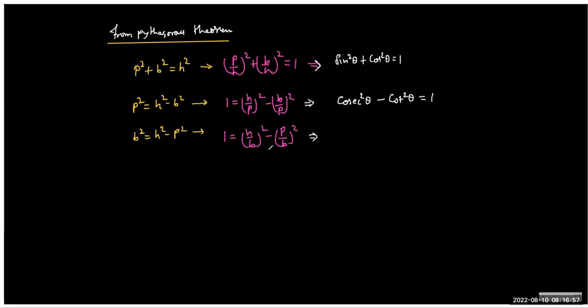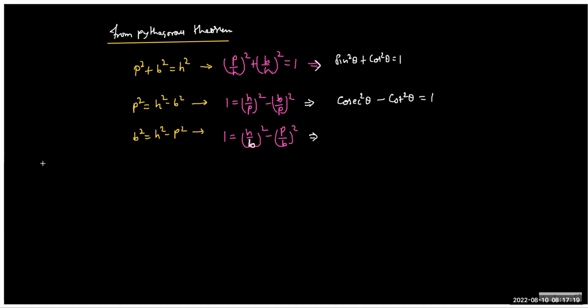So now similarly, can you tell me what is this? H by B? Anyone who remembers this? H by B? Okay, what is B by H? Base upon hypotenuse? Come on, guys, tell me at least this.